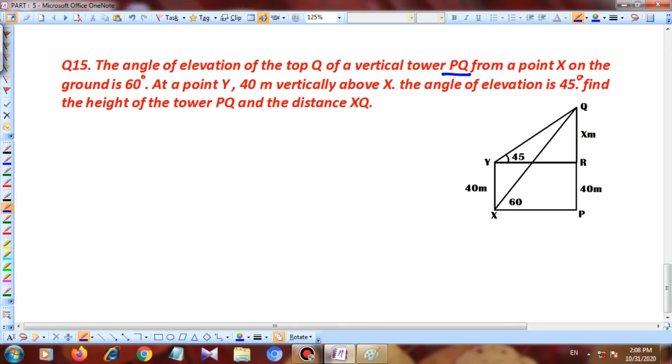At a point Y, 40 meter vertically above X, the elevation of the tower will become 45 degree, right? This elevation here is 60 degree, and here 45. Then find the height of the tower PQ and distance QX. This distance QX, right?